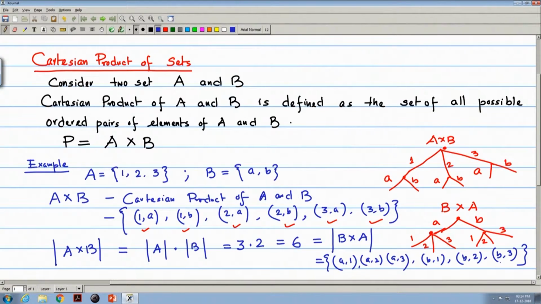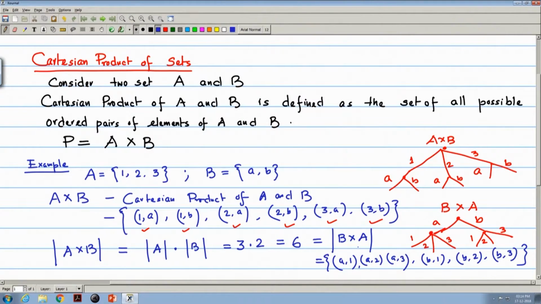So, clearly the cardinality of A cross B is the cardinality of B cross A. But A cross B is the set 1a, 1b, 2a, 2b, 3a, 3b, and B cross A is the set a1, a2, a3, b1, b2, b3. So, A cross B is not equal to B cross A, because the two sets are different, since it is considering an order. In the pairs of A cross B, elements of A come first, and in the pairs of B cross A, elements of B come first.